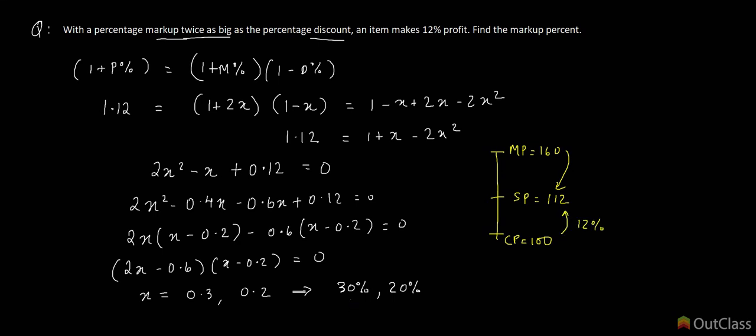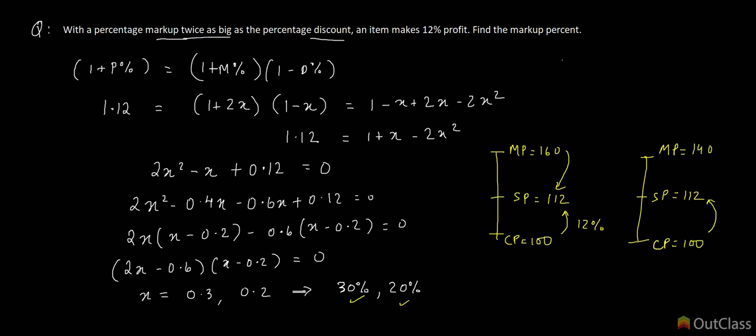So this is correct. The other case given is 20%. So if you have a cost price of 100, that's a markup of 40% and a discount of 20%. So the mark price is 140, and then when you discount 20% on that, 20% of 140 is 28 rupees. Subtract that, you'll again get SP is equal to 112. So both of these conditions are valid.